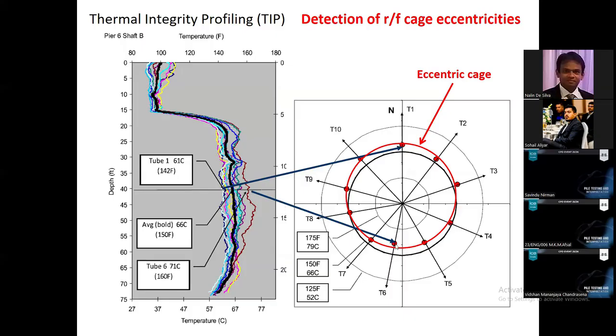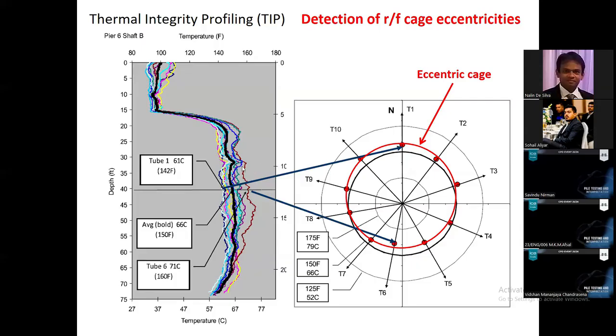So this is clearly indicating some misalignment of the rebar cage, because these sensors are fixed to the rebar cage. Right? By looking at the different temperatures, you can plot the alignment of the cage like this.